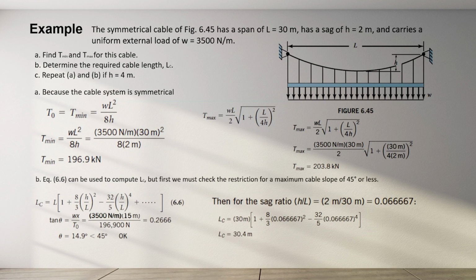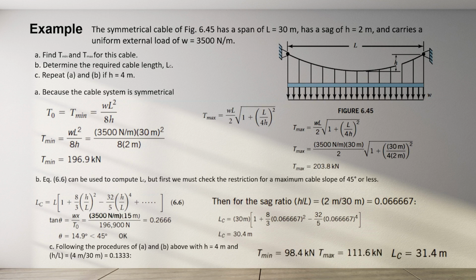We find that the length of the cable is about 30.4 meters. We can repeat the same steps to find values if the sag was 4 meters instead of 2. Those values would be T minimum equals 98.4 kilonewtons, T maximum equals 11.6 kilonewtons, and the length of the cable equals 31.4 meters.